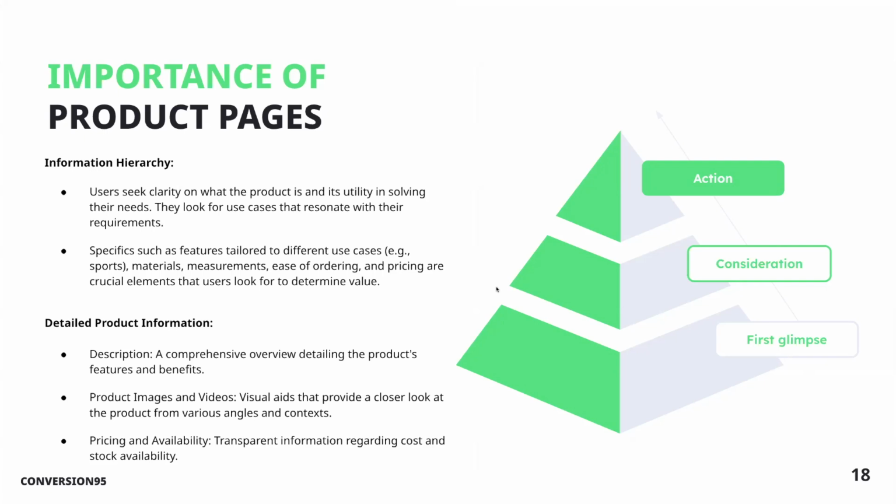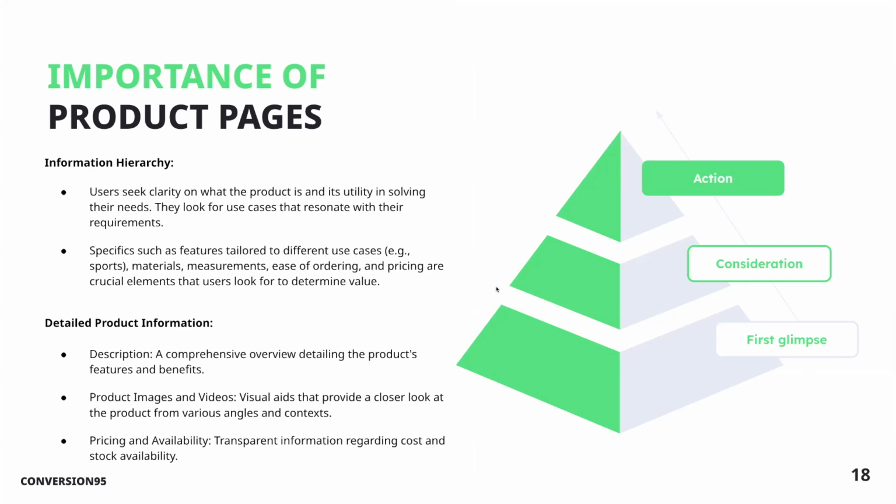So, arriving on the product page, we can group users' thought processes into three phases. First is the first glimpse. As I mentioned, it takes less than a second to evaluate your page. Does it look great? Does it look inviting?